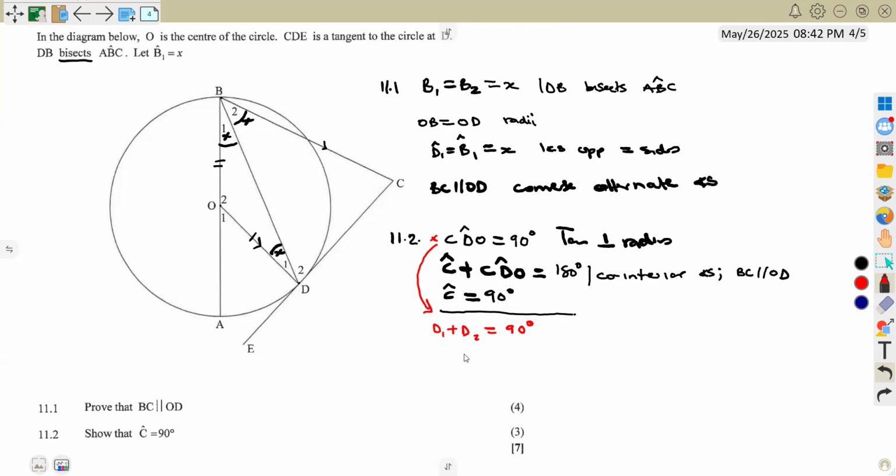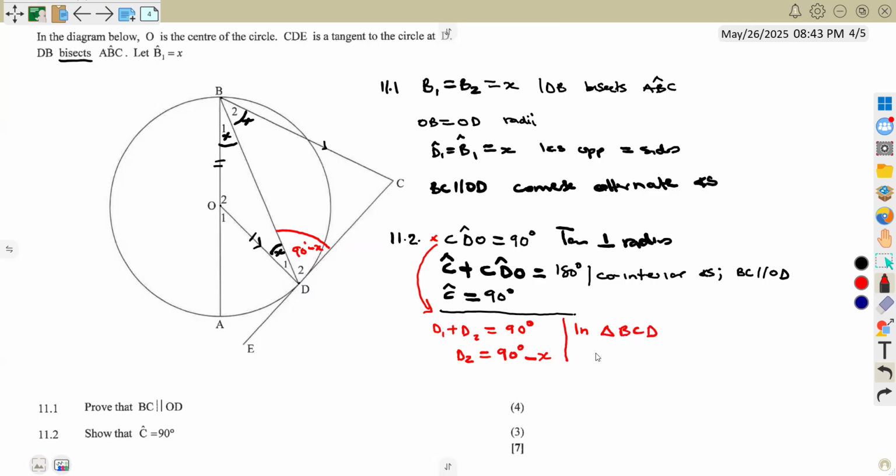But we know D1, so D2 is equal to 90 degrees minus X. So we are saying this angle is 90 degrees minus X. Then we consider triangle BCD, specifically in triangle BCD.